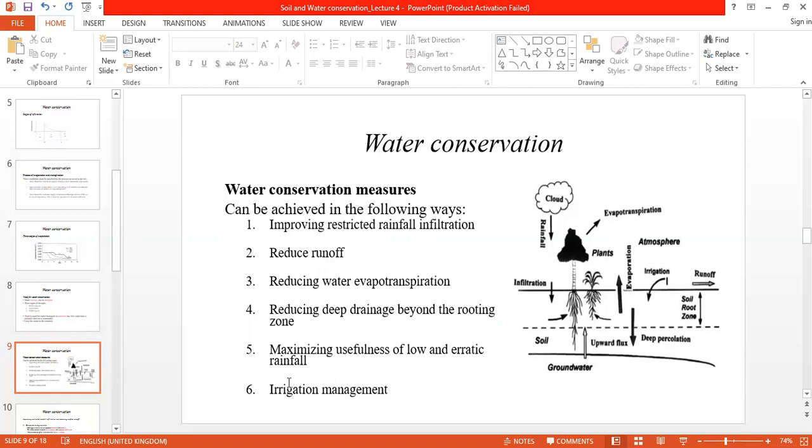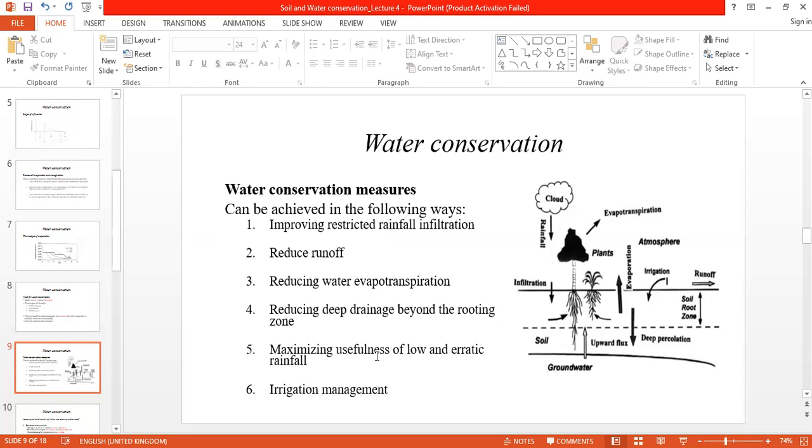Then there are two more things that we can do. One is that we can maximize the usefulness of low and erratic rainfall. This means that, for example, in the southern part of Zambia, we know that we usually have a lesser amount of rainfall.